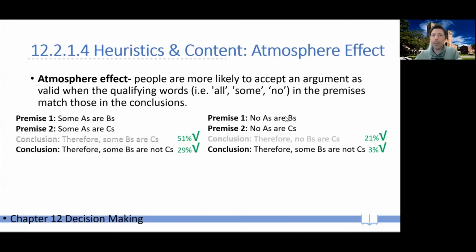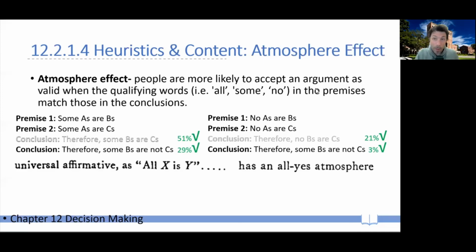People tend to be more likely to accept an argument as valid, even though it is not, when the qualifying words, such as all, some, no, in the premises, match the qualifying words in the conclusion. And in fact, using the words of one of the classic demonstrations of this by Woodworth and Sells, if the premises are universal affirmative, so if they are of the type all X is Y, it gives you an all yes type atmosphere.